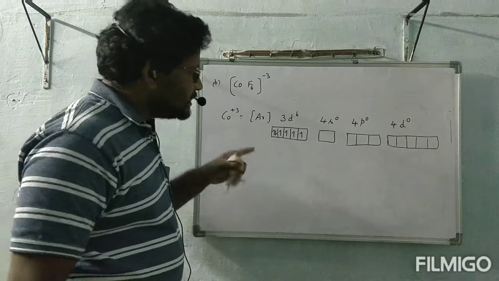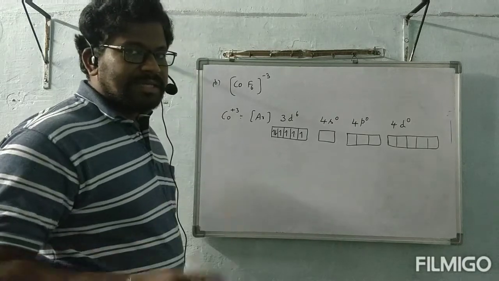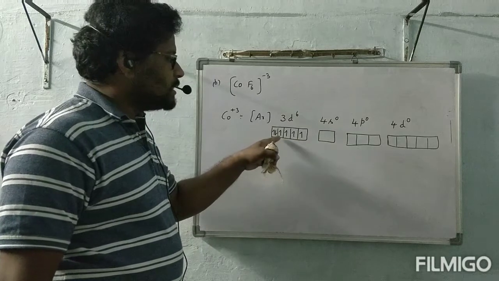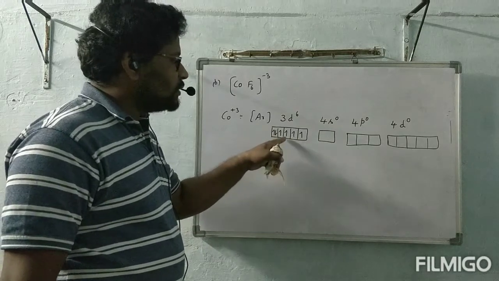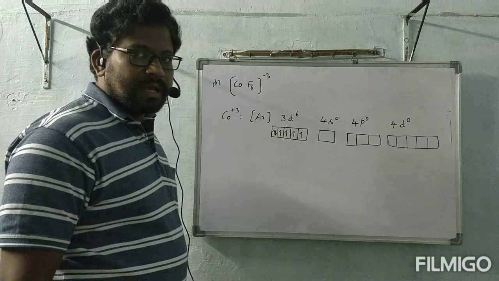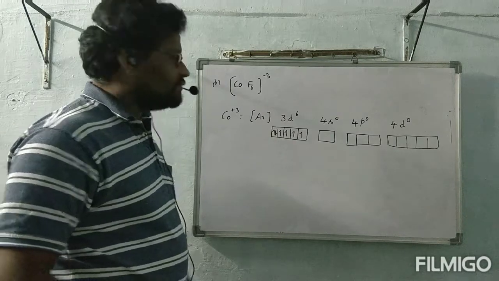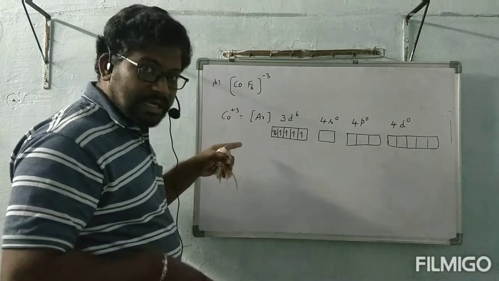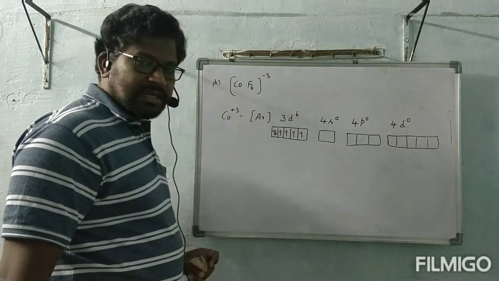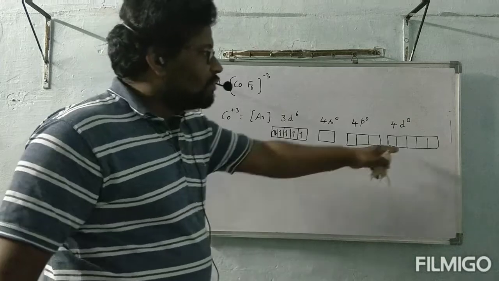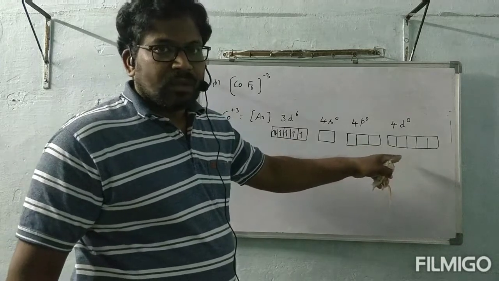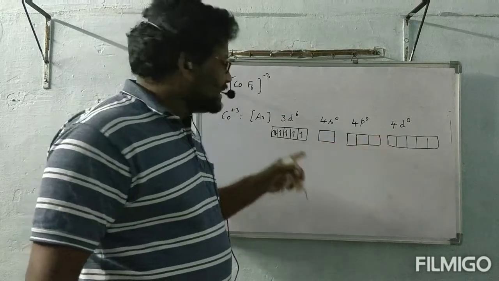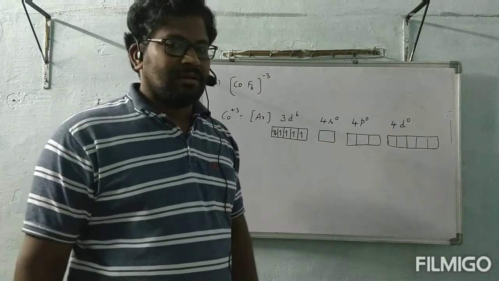But in this example we will not consider pairing. This electron is not going to be paired with this one. Instead of these inner orbitals, this cobalt+3 in [CoF6]-3 will use 4d empty orbitals. Instead of 3d empty orbitals, it will use 4d. Here 3d does not contain any empty orbital.